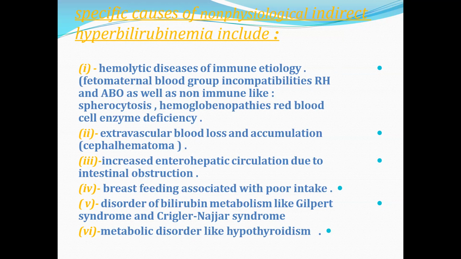In fact, hypothyroidism causes indirect, sometimes a little increment in direct, so this may cause mixed, but mostly indirect, due to lazy enzyme. As you know, in hypothyroidism all the body metabolism is inactive, including the liver enzyme, so conversion of indirect to direct may be delayed.